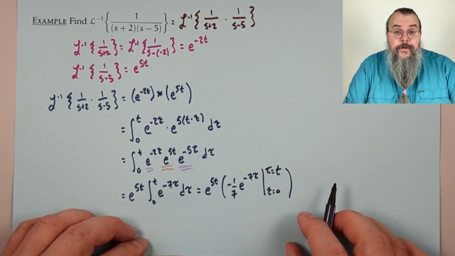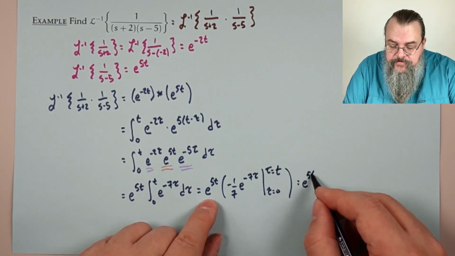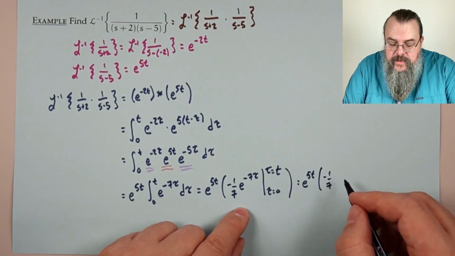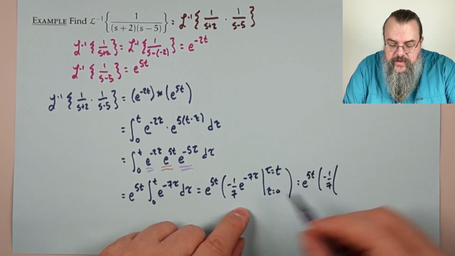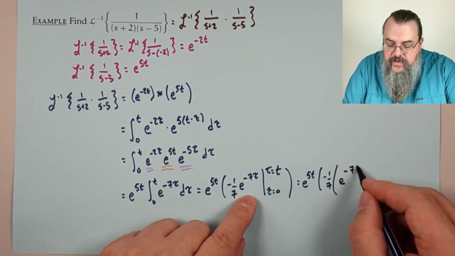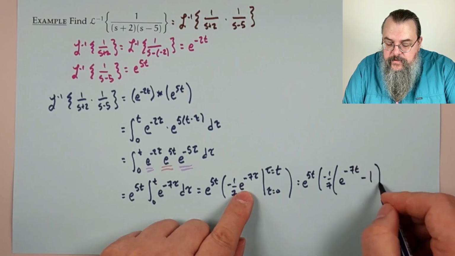All right, well, that's e to the 5t, and then we have a minus 1/7. Actually, minus 1/7 we'll treat like a constant, and then we have e to the minus 7t, and then e to the 0. Well, e to 0 is 1.